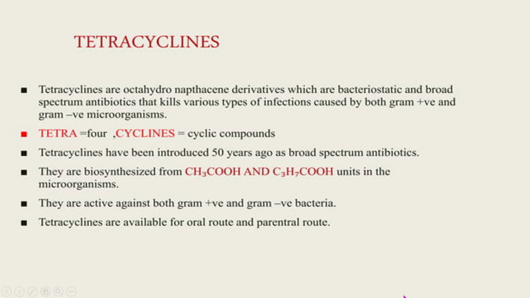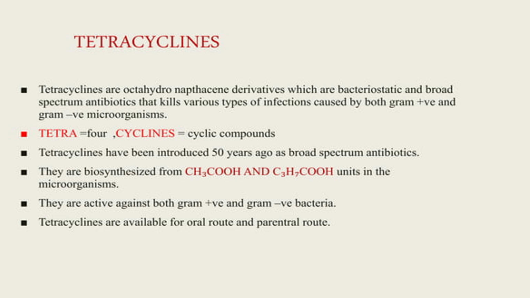Next class of antibiotic is tetracycline. Now here the name itself gives a chemical idea about the drug containing 4 cyclic structures. Basically they are octahydronaphthalene derivatives.